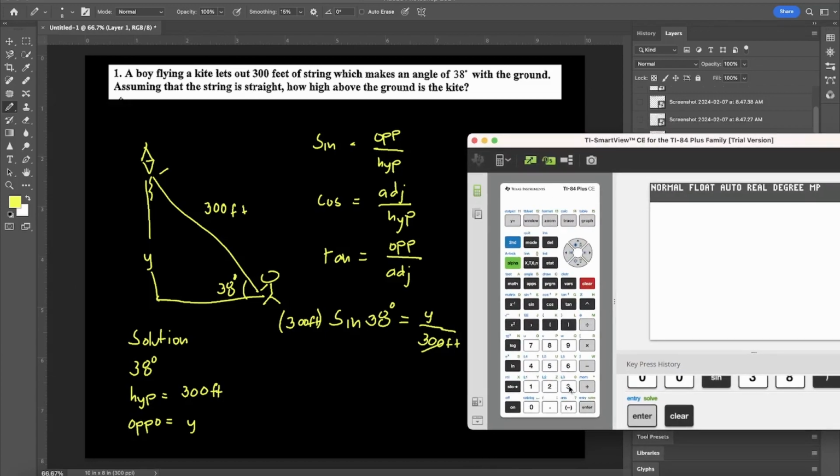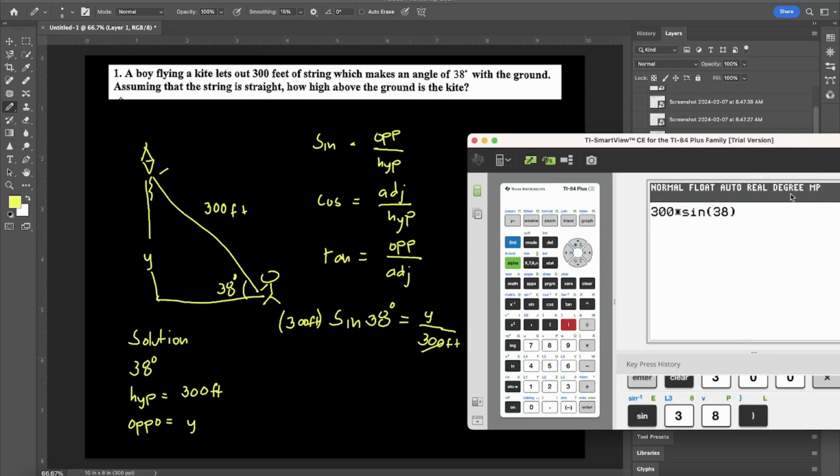We start with 300 and we multiply that by sine 38 degrees, and close the parenthesis. A quick reminder that our mode has to be in degrees. If your calculator is in radians, you need to change that mode to degrees.